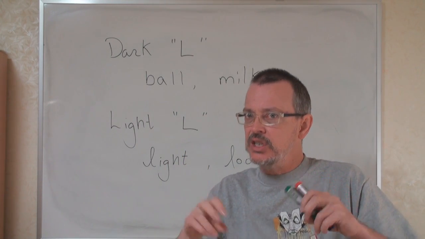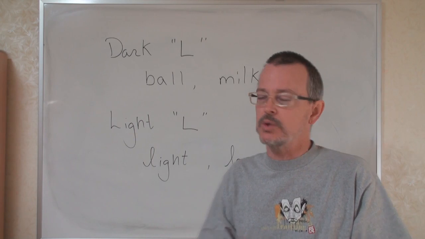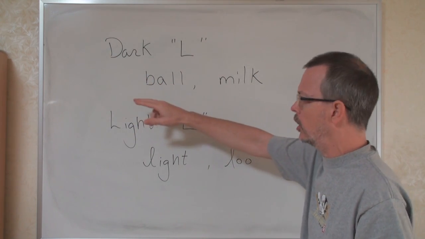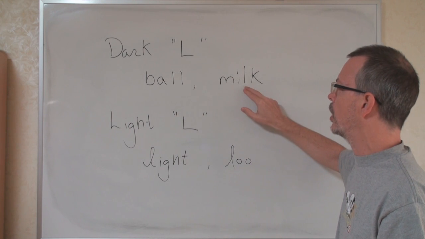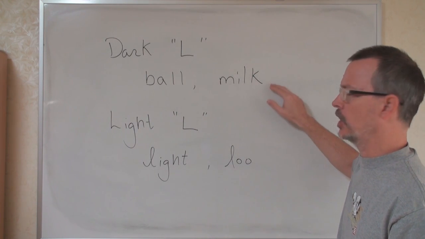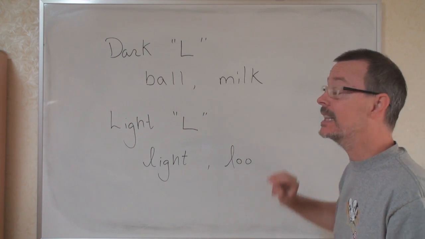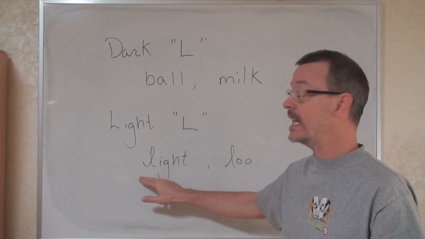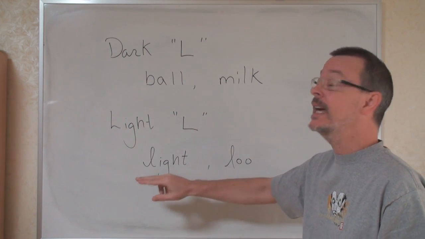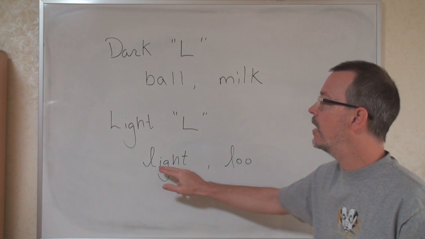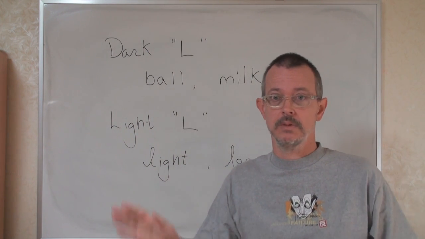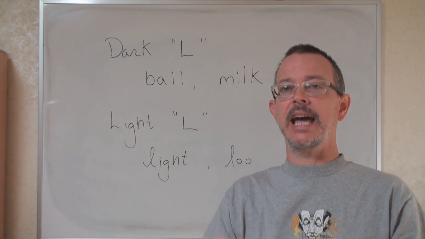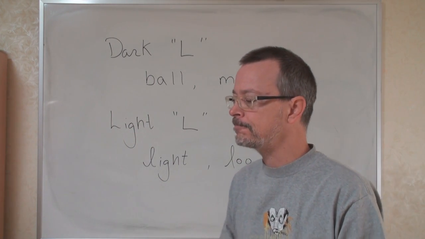The definition most teachers will use is the dark L occurs at the end of a word or before a consonant. And the light L occurs at the beginning of a word in front of a vowel. Linguistically, that is absolutely correct.